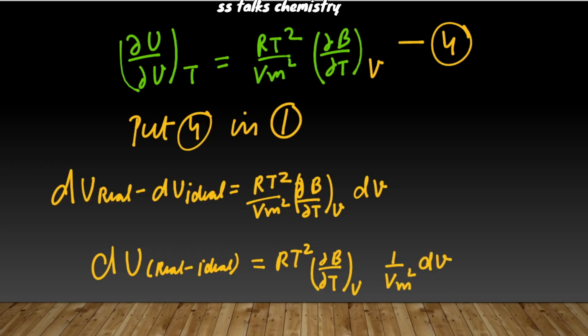So now integrate on both the sides, because the exact deviation you have to find. Here a small deviation we have found. So this we can say is my equation number 5.